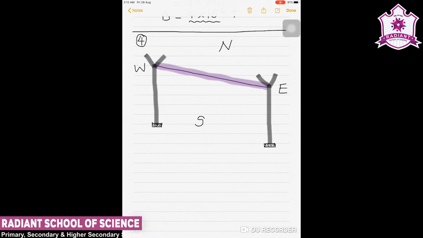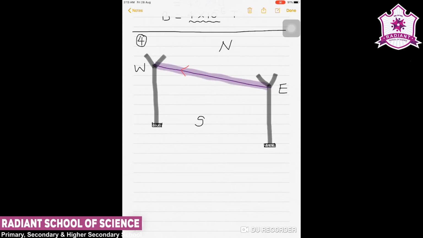So here again the question is exactly like the previous question, but the direction and location are changed as per the question requirement. Here they have given that the current is flowing from east to west in a wire.